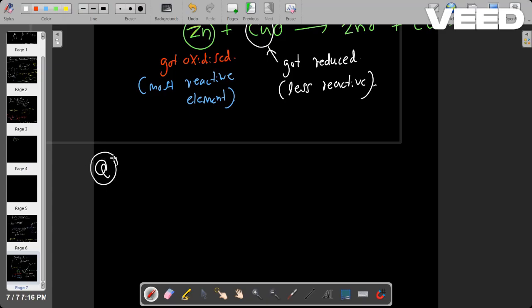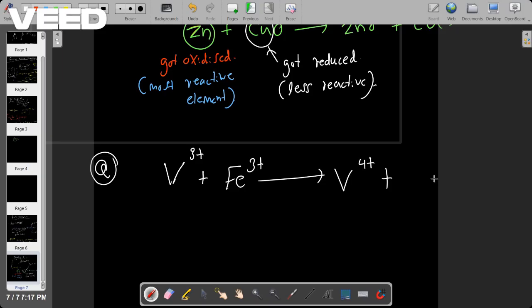This is the reaction: vanadium 4 plus, Fe2 plus.